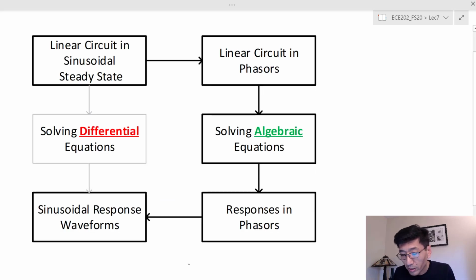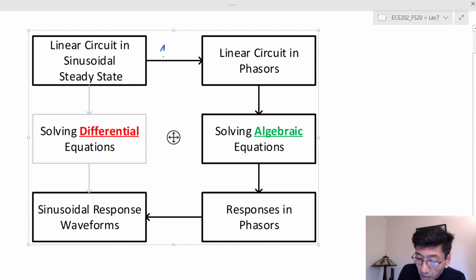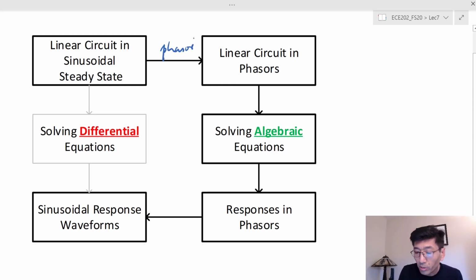So the first question is, why do we need another transform, right? We did phasors. Let's look at what we did in the phasor. In the phasor, we have a linear circuit, but the linear circuit has to be in steady state with sinusoidal signals. So therefore, you can take the phasor and transform the circuit into phasors, and then you can solve the algebraic equations.